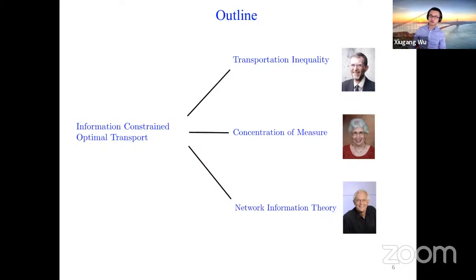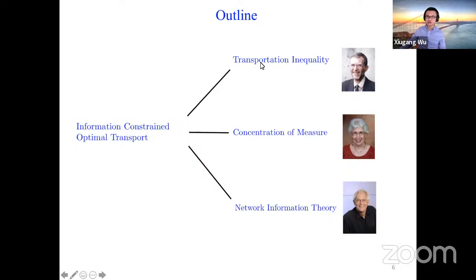And actually, one of the reasons why the Talagrand transportation inequality is so celebrated and fundamental is, in my opinion, that it can be used to derive the concentration of measure phenomenon in the Gaussian space.